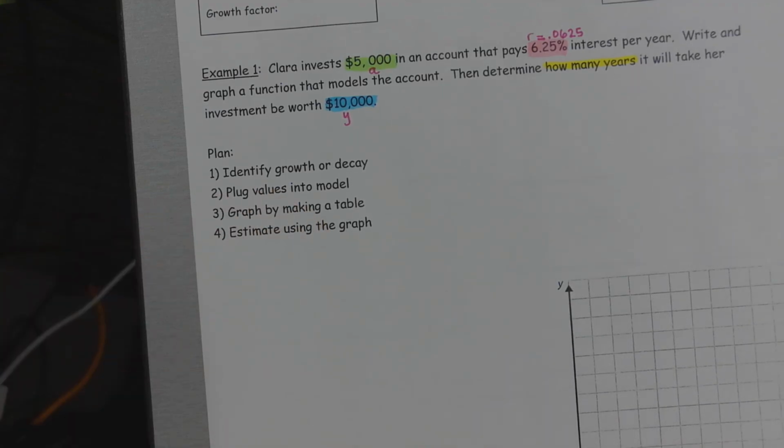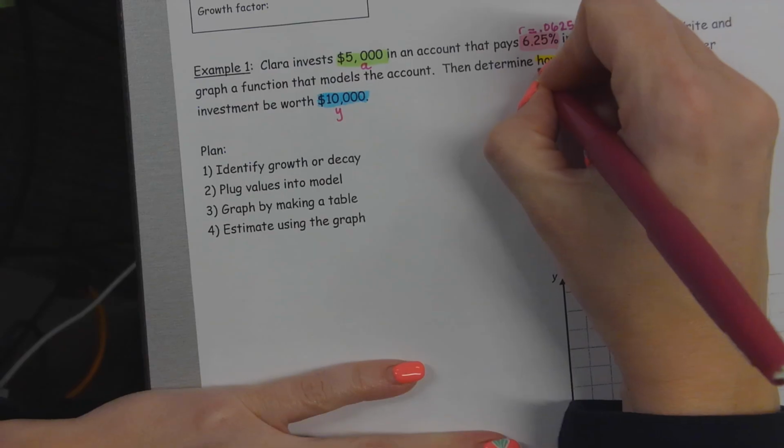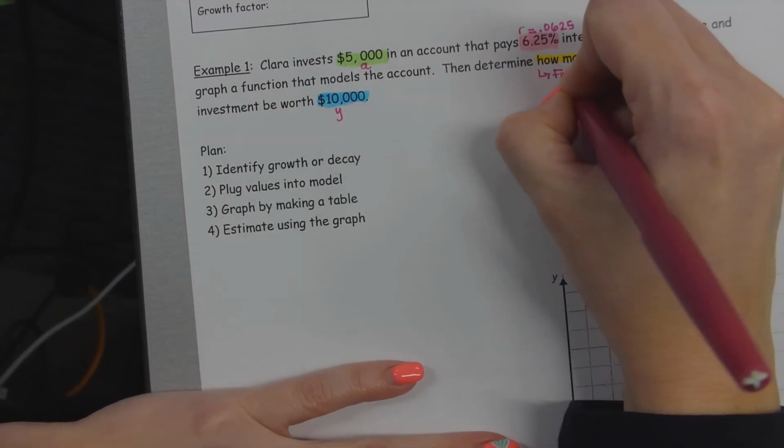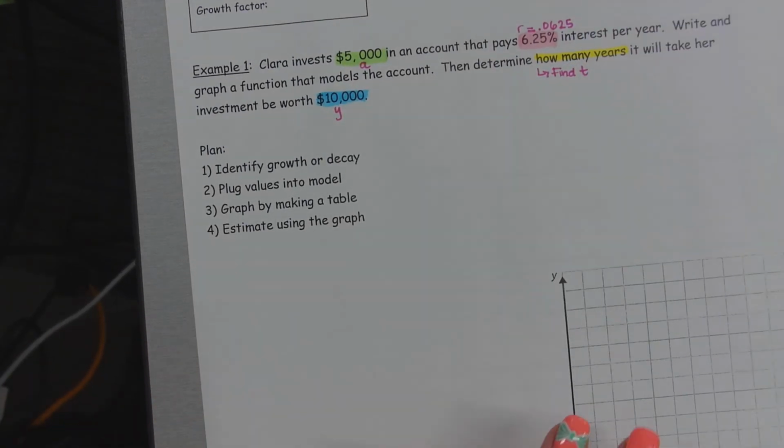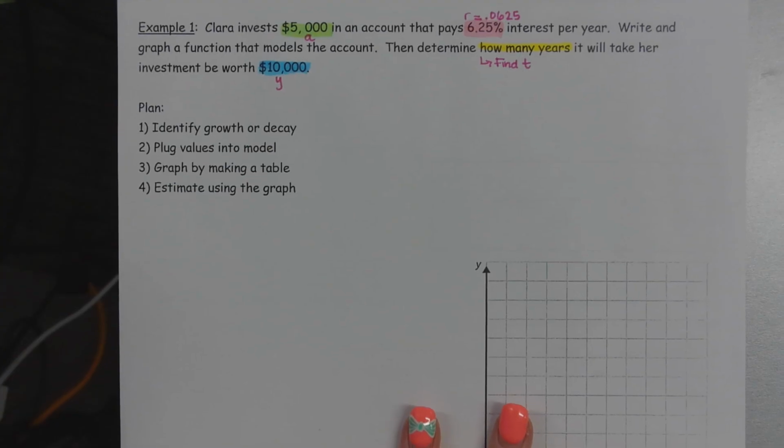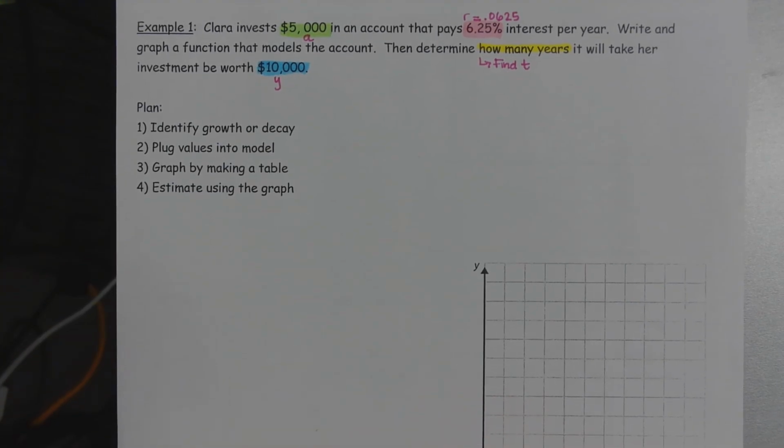So when they're asking you that question, how many years, that indicates that you are going to find the value of t. And right now the only way we have to find that is graphically.